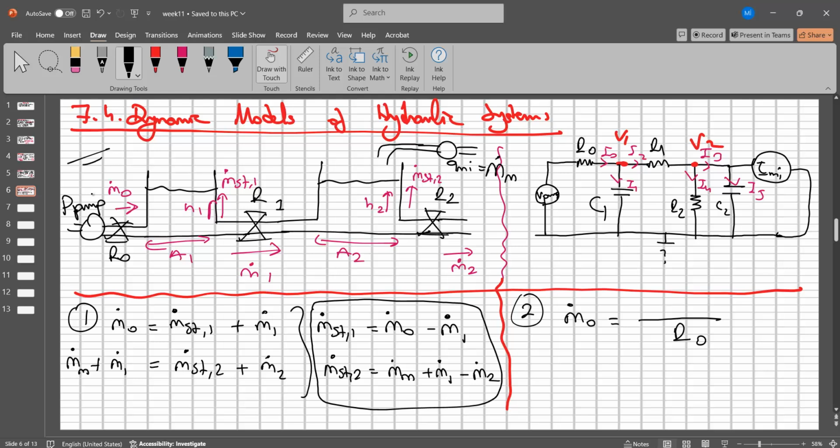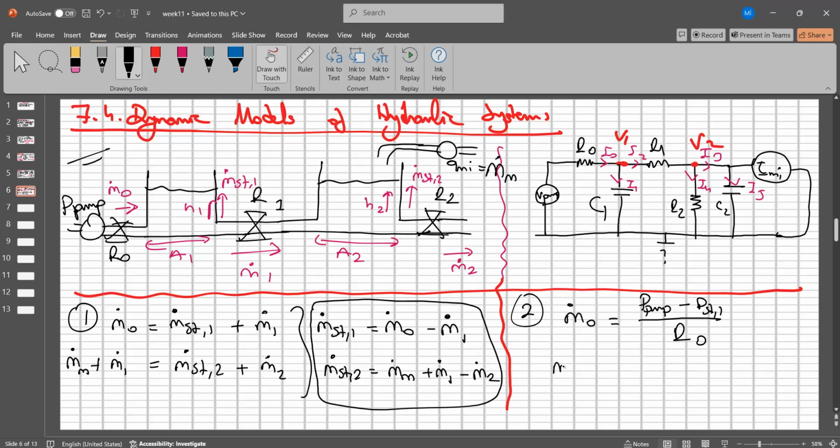There's no PATM, PATM is equal to 0. And minus what is the pressure of this term? Yes, P storage 1.